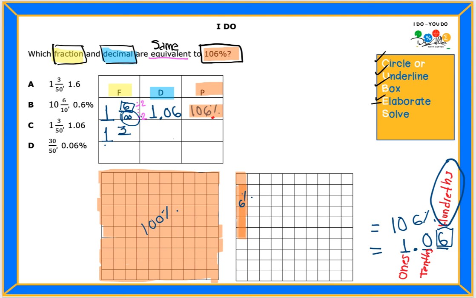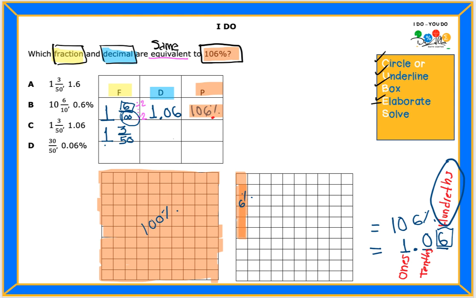Awesome. And 100 divided by 2, that's a 50. Great. Now I'm going to see if I can keep simplifying. Can I divide the 3 by 2 and get no remainder? No, that's not possible. The next number will be a 3. 3 divided by 3 will be a 1. But can I divide 50 by 3 and get no remainder? No, that's not going to work. So this should be my answer.